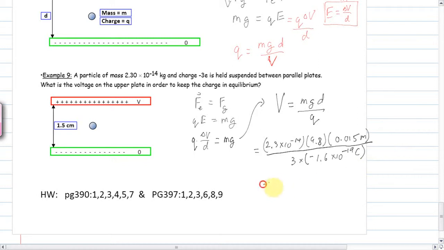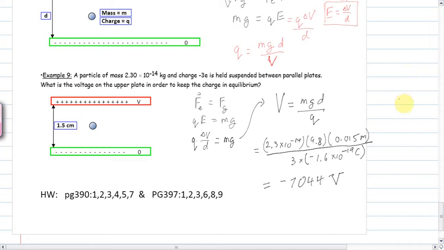Now, when we calculate it with the negative number in there, we get negative what? 7044? Which, it's negatively charged, which way is it going to go? Up, very good.